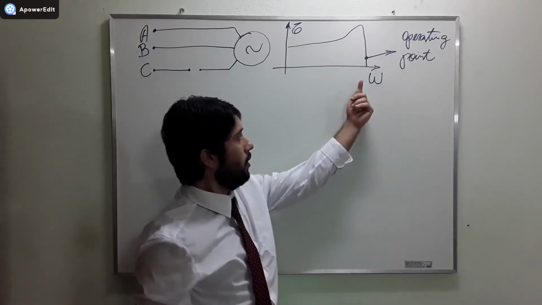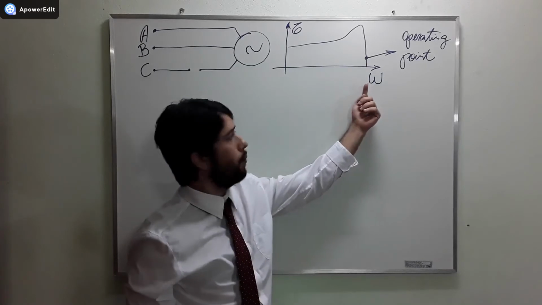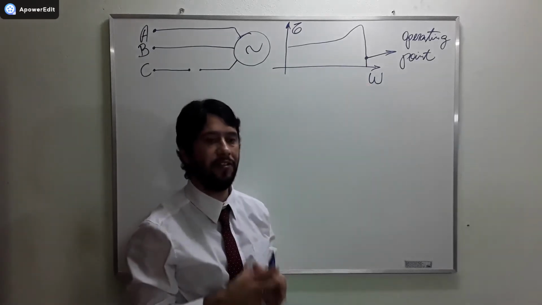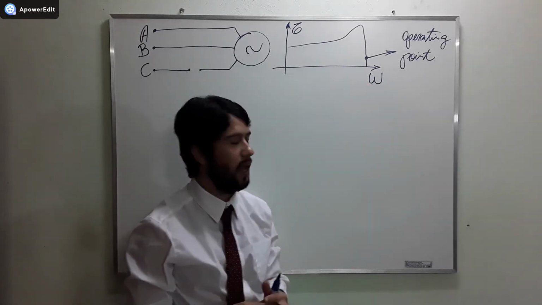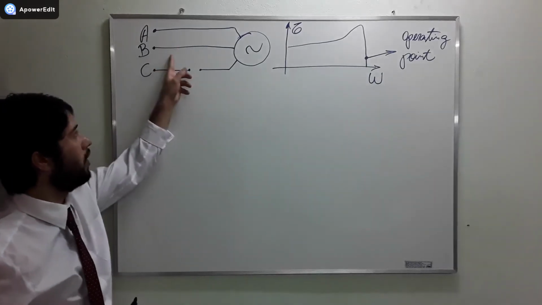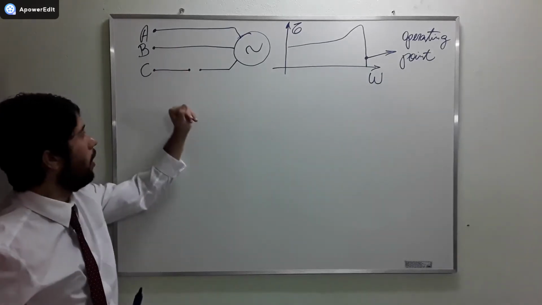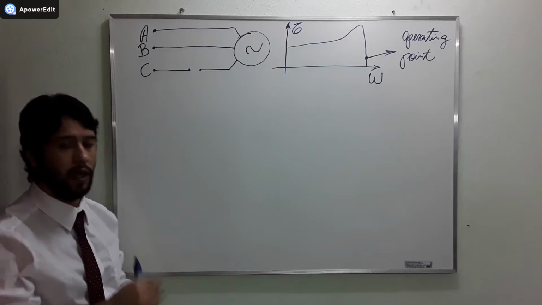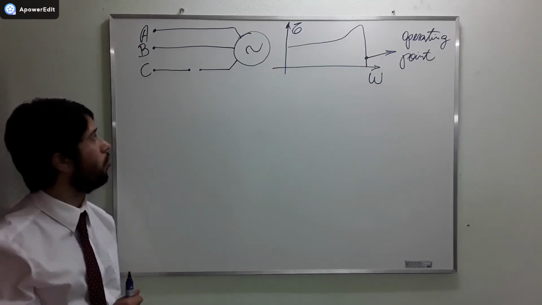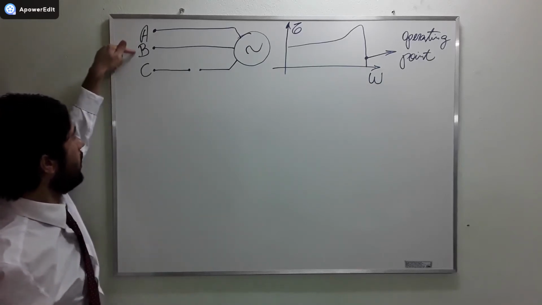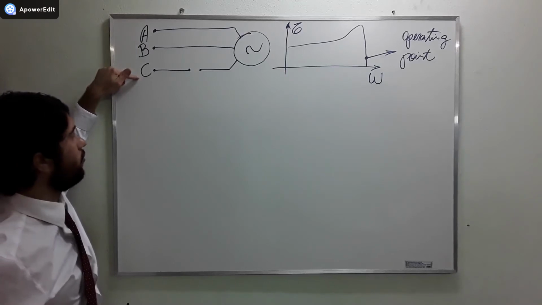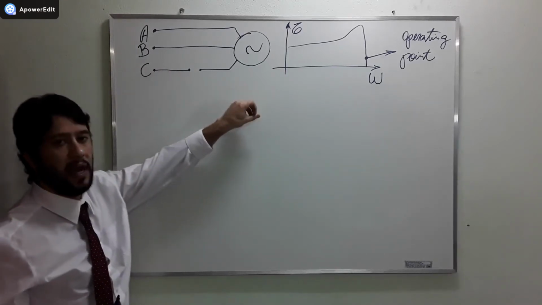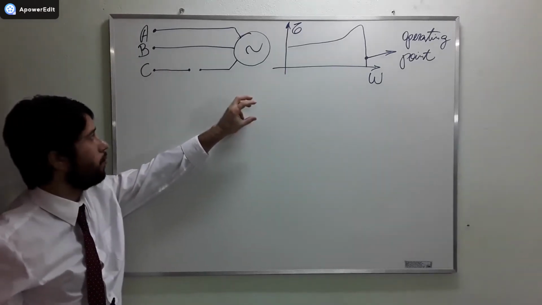Then the motor is going to attempt to draw the same power as a three-phase motor or a single-phase motor. Why do I say single-phase motor? Because when I have three phases, the motor behaves as a three-phase motor.